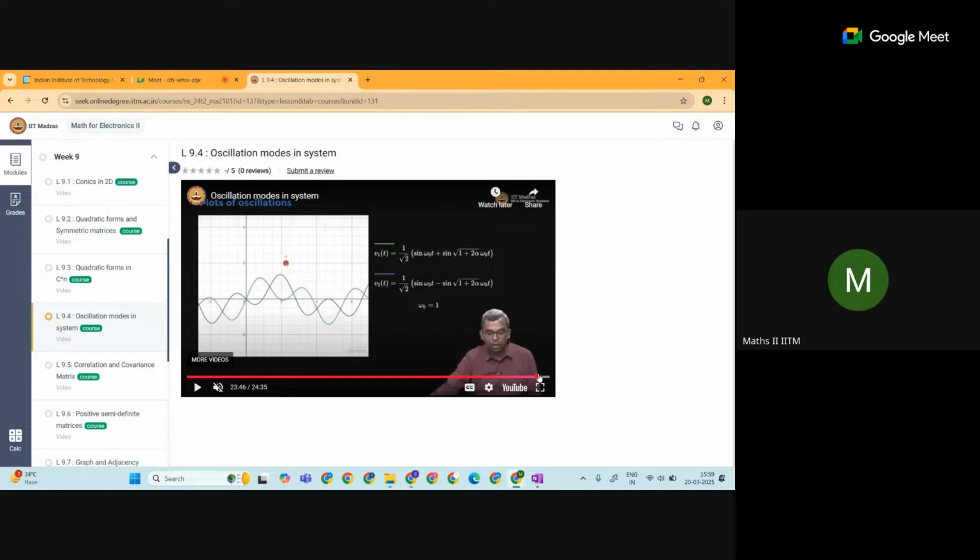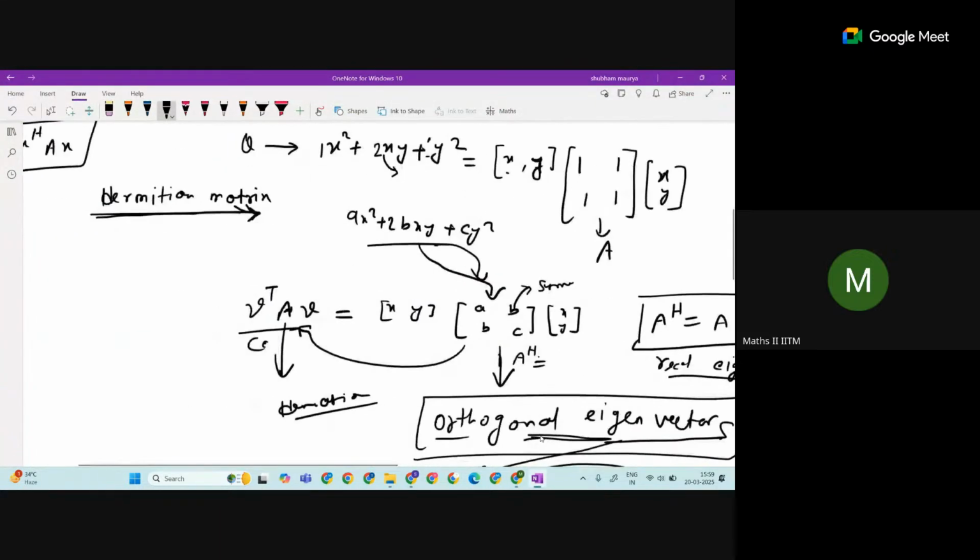That is what relates to why we studied the quadratic form. The matrix, the inner part, this one is our symmetric or Hermitian matrix. It has some properties: eigenvalues are real and eigenvectors are orthogonal, which we change to orthonormal.